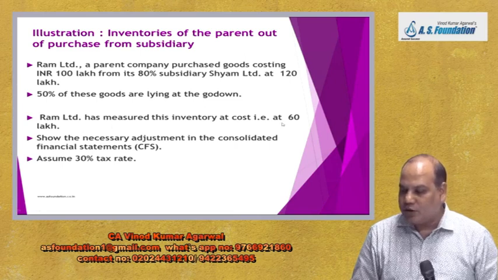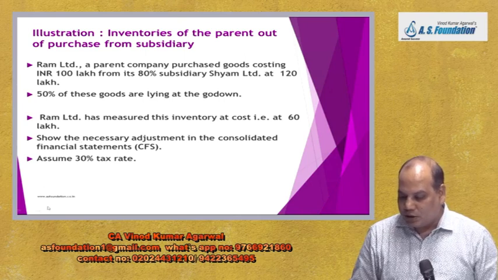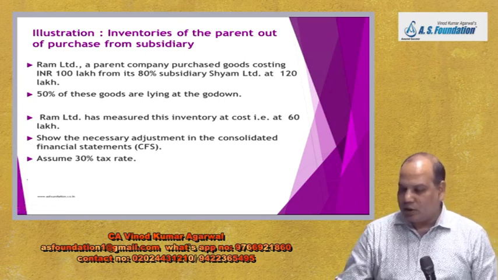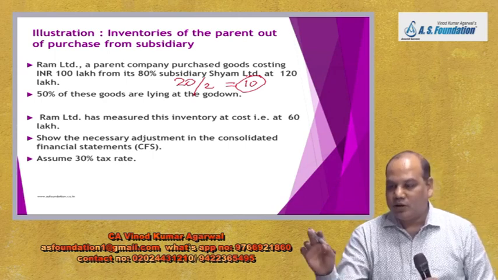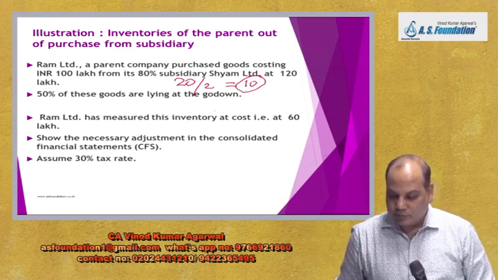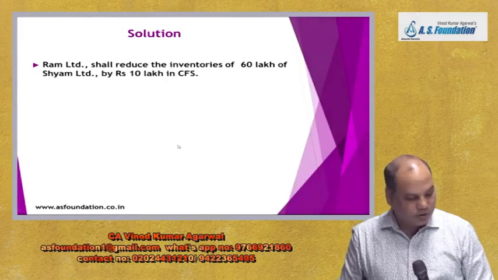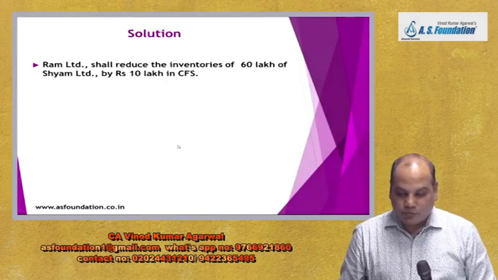For Ram, 60 is the cost. So how much unrealized profit is included here? Can you calculate? Total is 20. Half is sold, half is unsold. So 10 is unrealized profit. Show the necessary adjustment in CFS. Assume 30% tax rate. Write down the same note.